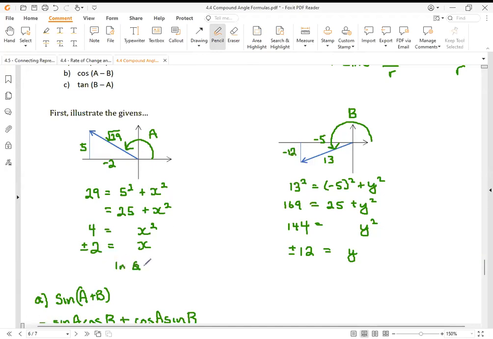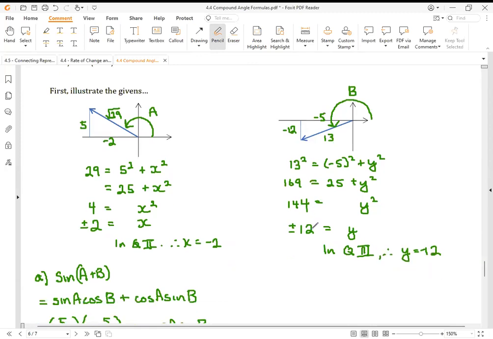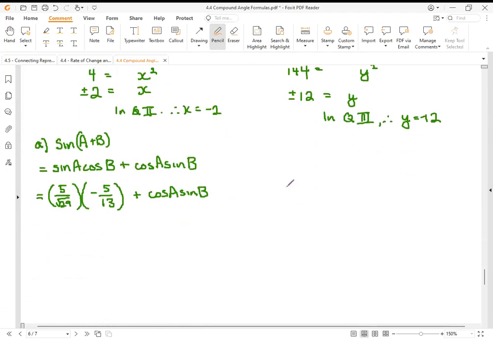So in quadrant 2, therefore, x equals negative 2. In quadrant 3, therefore, y equals negative 12. Here we go.